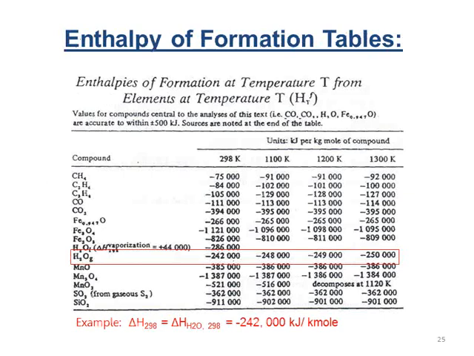This is the table here as an example. So for the case of water, the enthalpy of formation to form H2O at 298 kelvins would be negative 242, kilojoules. That's right, kilojoules.